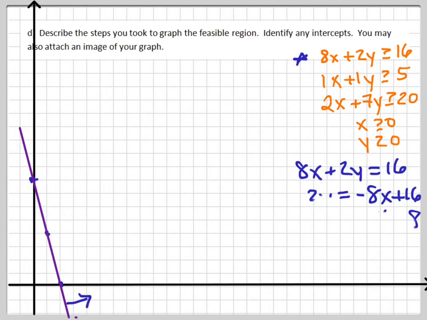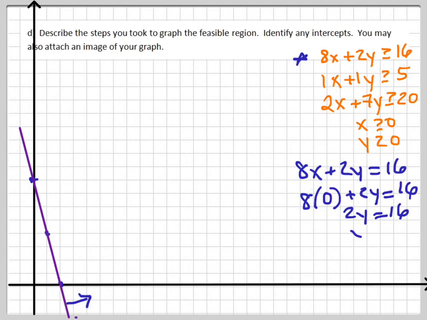Now notice another option. I could have also chosen 2 points that would make this equation true, and it looks like the intercepts would work nicely here. If I let x be equal to 0, then 2y is 16, and so y must be 8, so I have the point 0, 8, which is just the intercept point that I've already graphed.